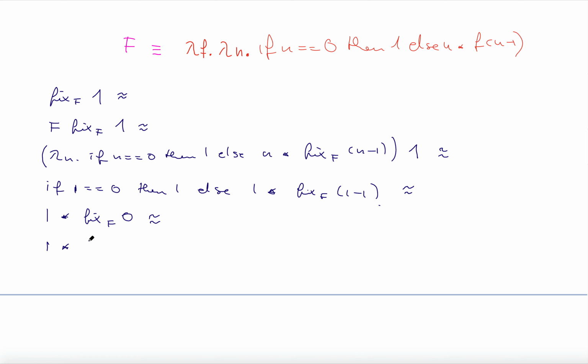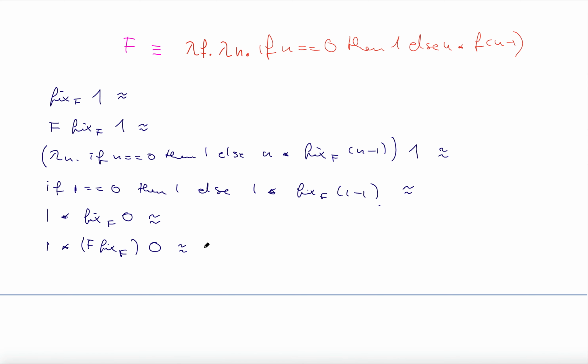So the fix f turns into an f of fix f, and then the 0 is still here. Now let me do the 2 beta reductions, which I have here and here, in one go. I replace the f by the fix f, and I replace the n by 0.